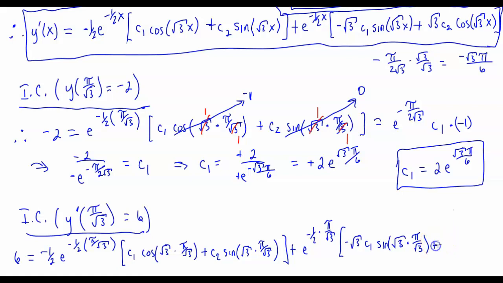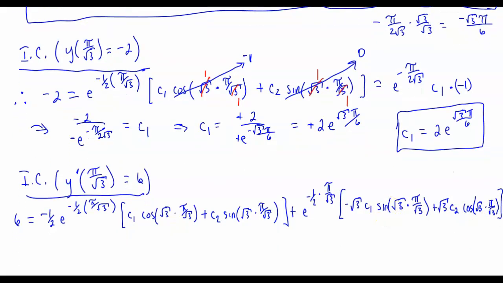And then we have plus square root of 3 C2 cosine of square root of 3 times pi over square root of 3. Okay. So now we got that all in there. Let's do simplification like how we did last time. So here we know that square root of 3 and square root of 3 here will reduce to 1.